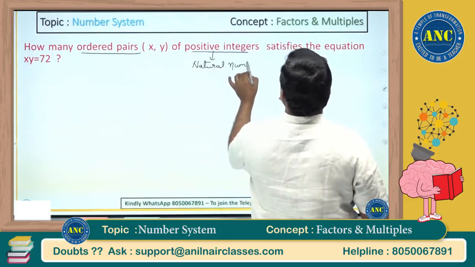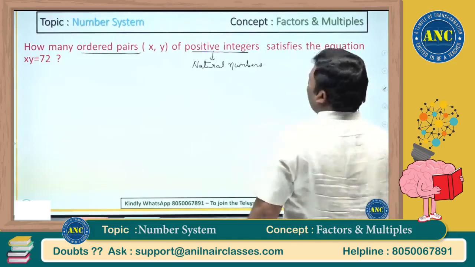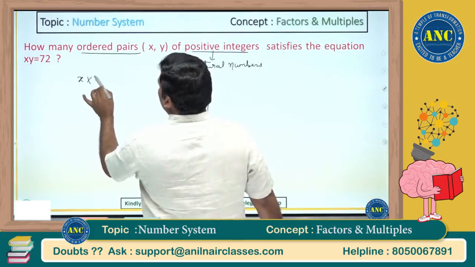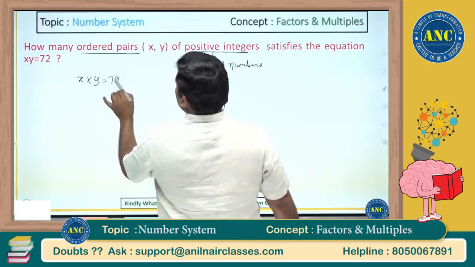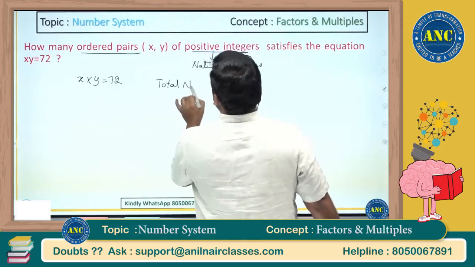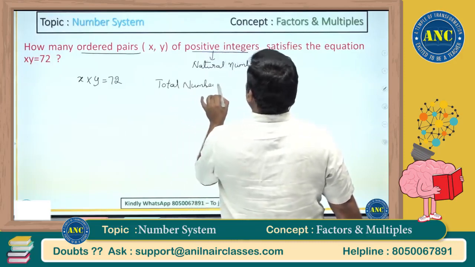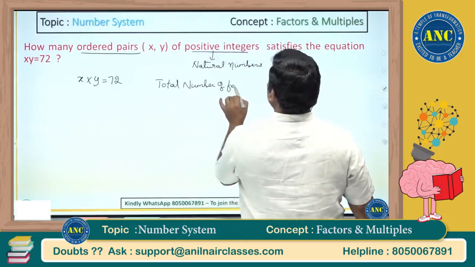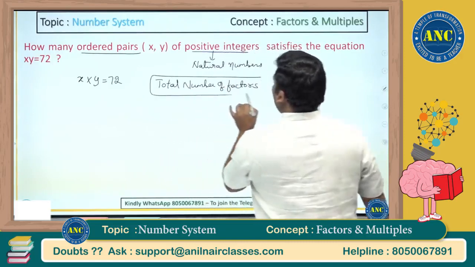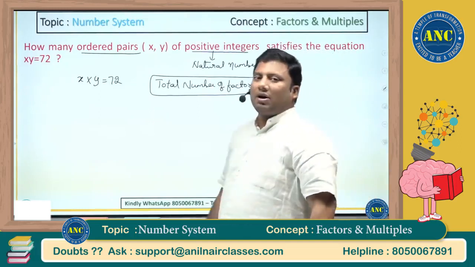In an ordered pair, the answer is the total number of factors.